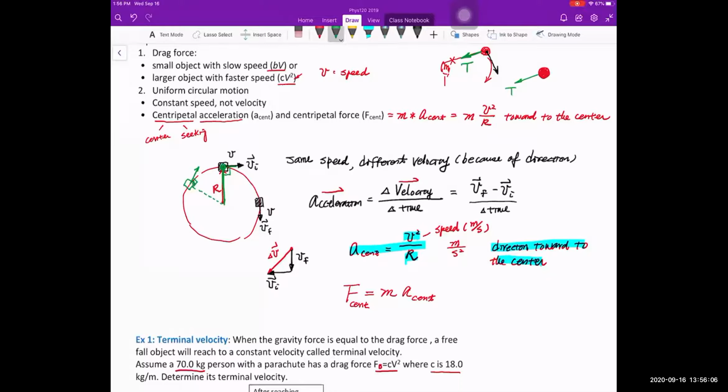And what is the result of this? The result is that it's going to go along a circle and create an acceleration, right? And that acceleration is a sub cent. What is the direction of this acceleration? Inwards. Inwards, great. So that is this direction, that is a cent.